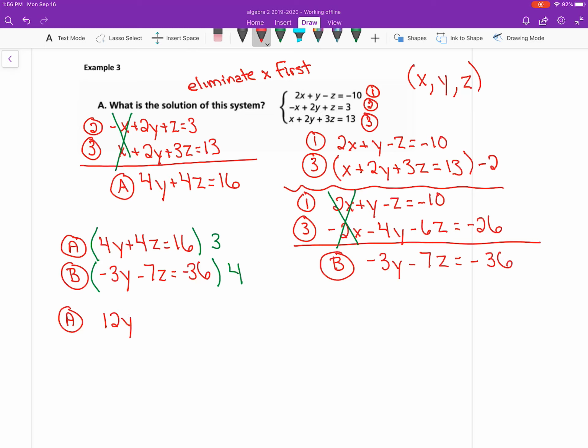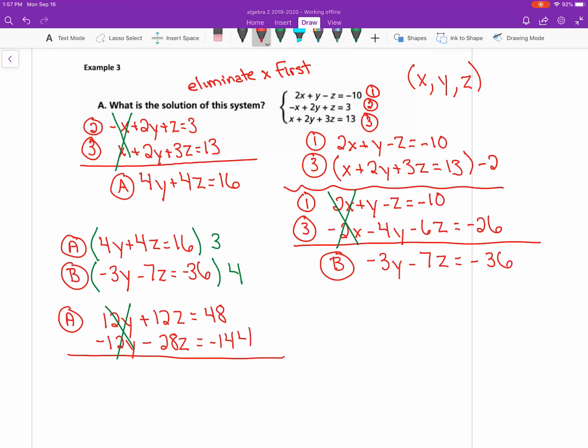I will have 12y plus 12z equals 48, and I will have -12y minus 28z equals, I have to figure out what 36 times 4 is, -144. And then when I add straight down again, my y's cancel.